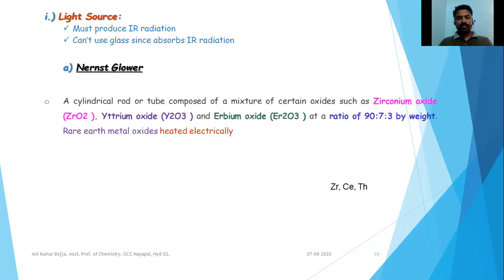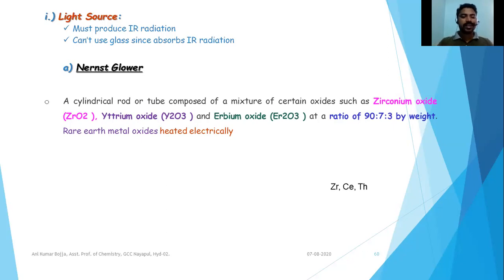Let us discuss the first one, the Nernst glower. The Nernst glower was the first light source used for recording infrared spectra of molecules when the IR instrument was first developed.